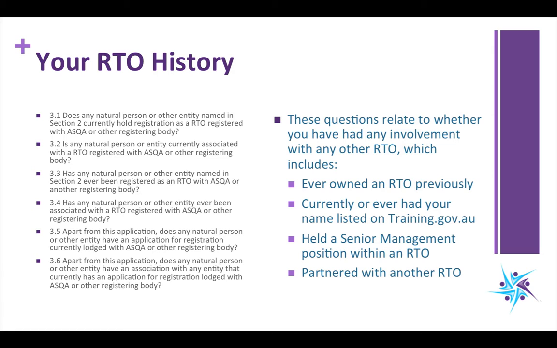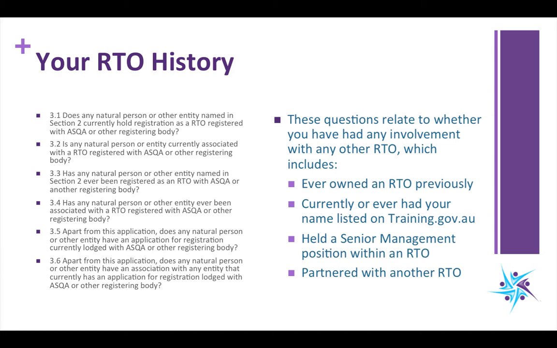If you've held a senior management position within any other RTO in Australia, so if you've ever been an RTO manager, a director, or any of those sort of positions in senior management, compliance manager, that's where we'd need to answer yes for that. If you've ever partnered with another RTO, so you might currently be delivering training in partnership with another RTO, so we might want to state that.